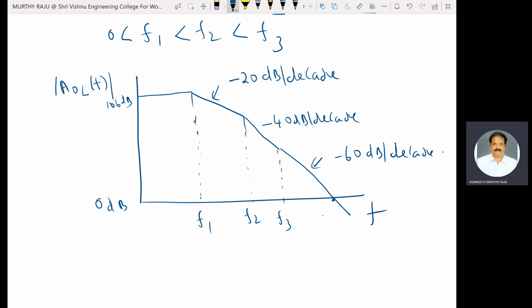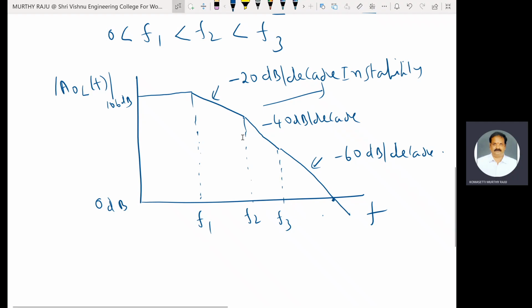Due to the larger number of gain changes, the open loop gain of the op-amp changes due to three corner frequencies. That introduces some instability.